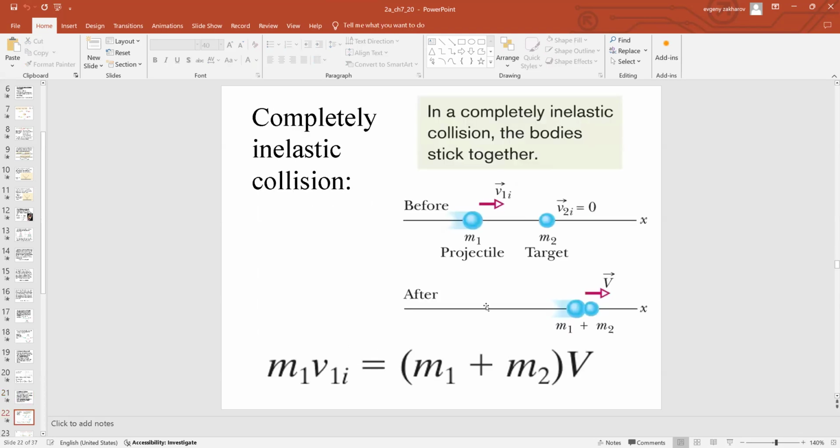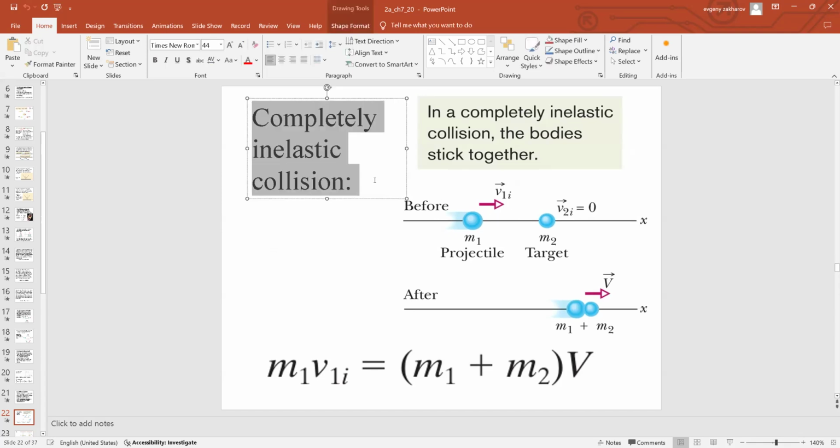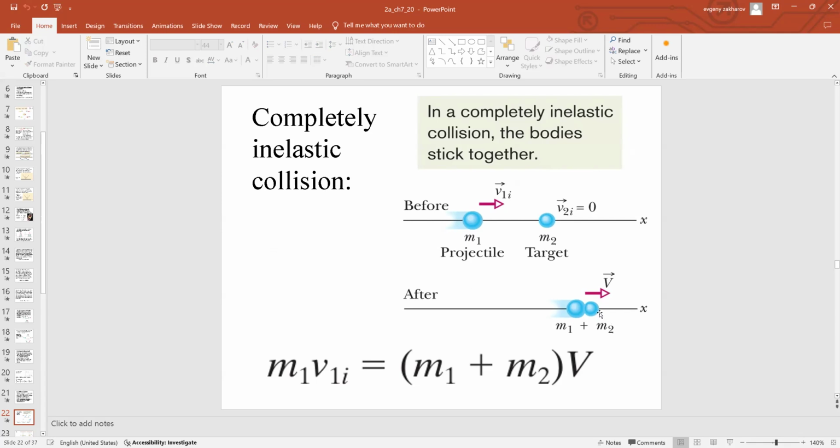So let's take a look at the conservation of momentum for such a case. You have the first ball, you have the second ball. The second ball is sitting still before the collision. The first ball is going towards it with a certain velocity. Now, after the completely inelastic collision, two balls stick together. So it was P sub x before, which was m1 v1 initial in the positive direction, and the second momentum was just zero because it was sitting still.